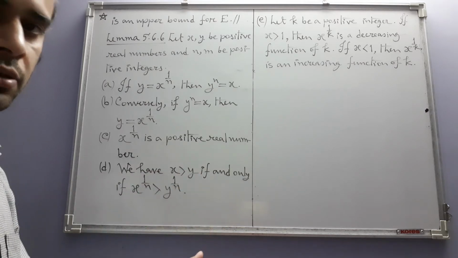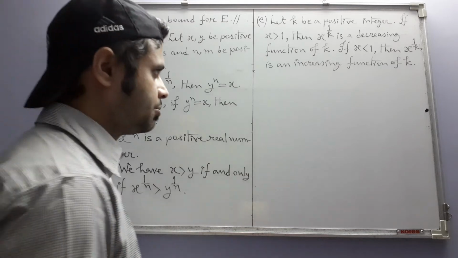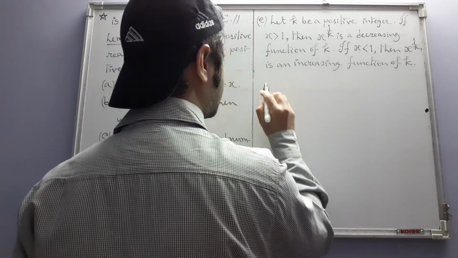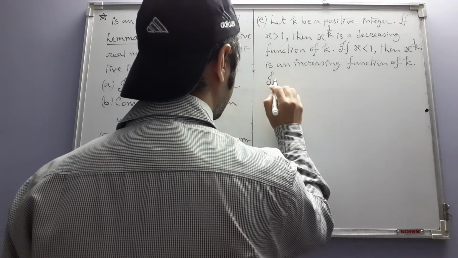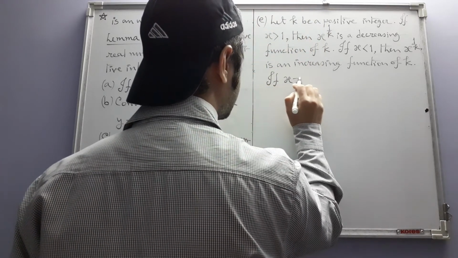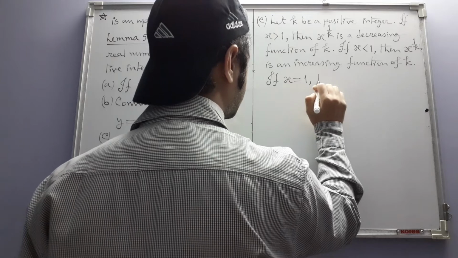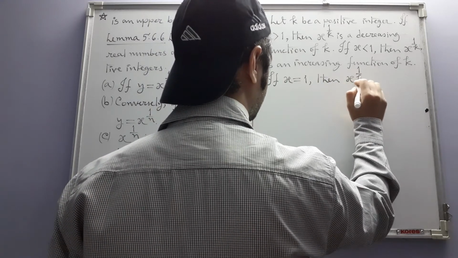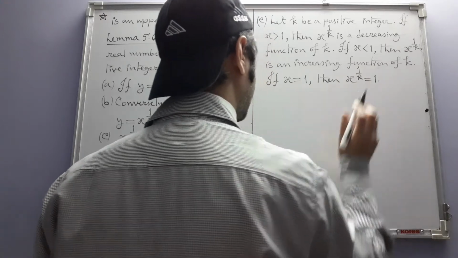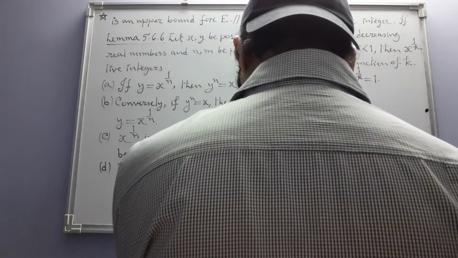So here the exact opposite thing will happen. In the other case, the only one left is this: if x is equal to 1, then x to the power 1 by k is also equal to 1.